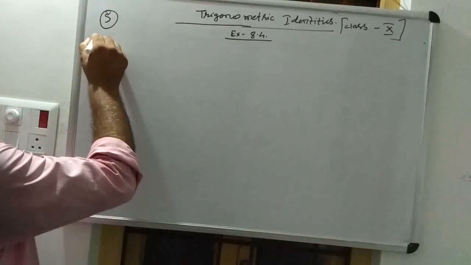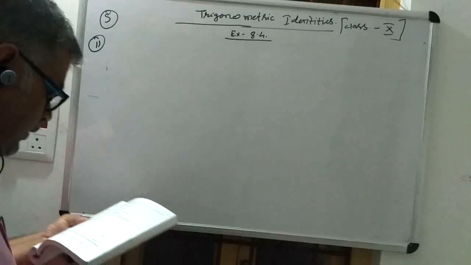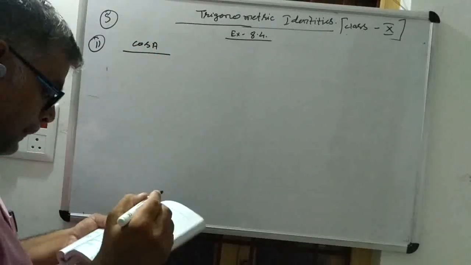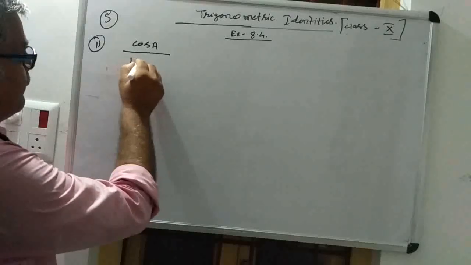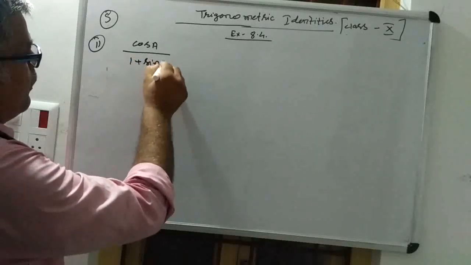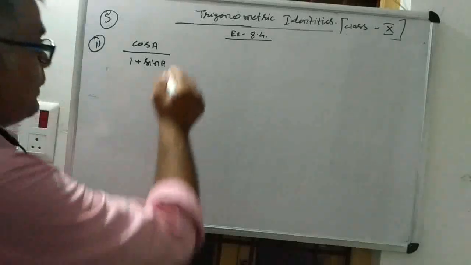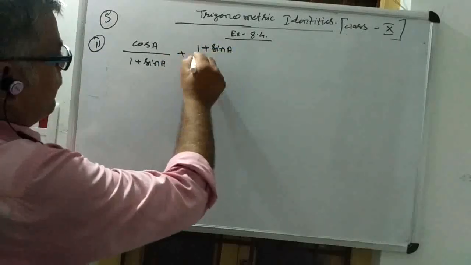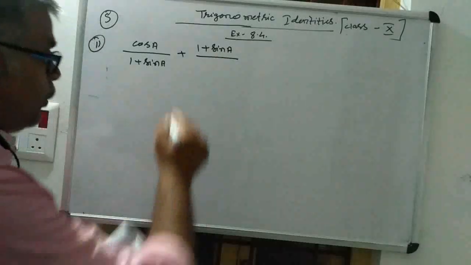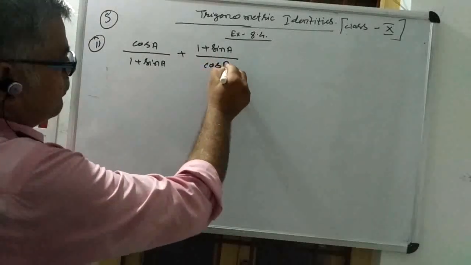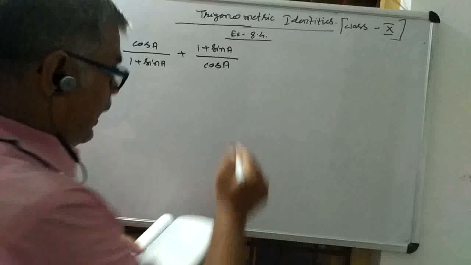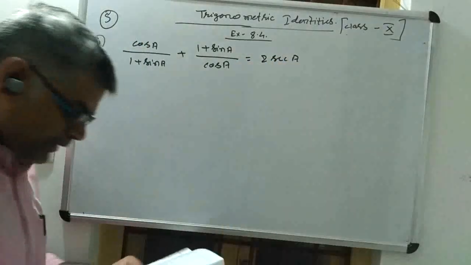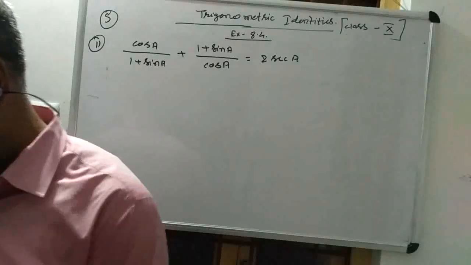So our second identity is cos A by 1 plus sin A plus 1 plus sin A by cos A equals 2 sec A. This is the second identity.